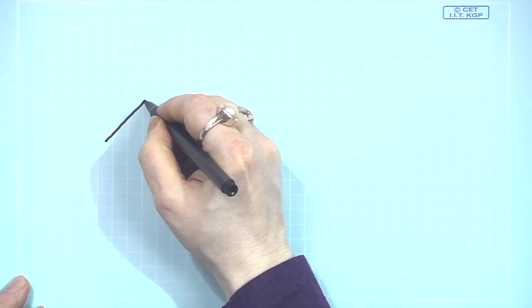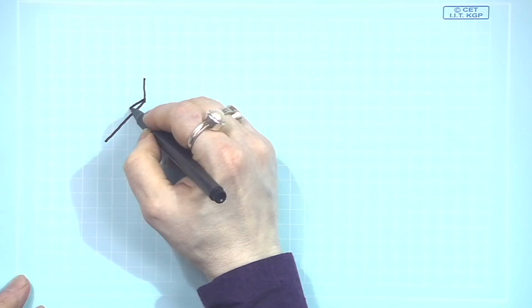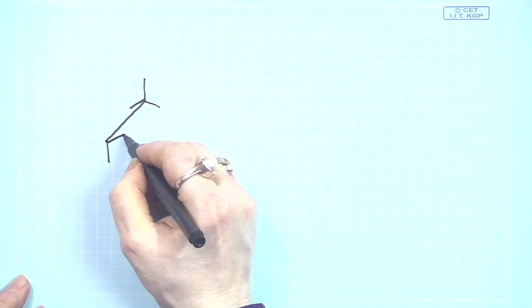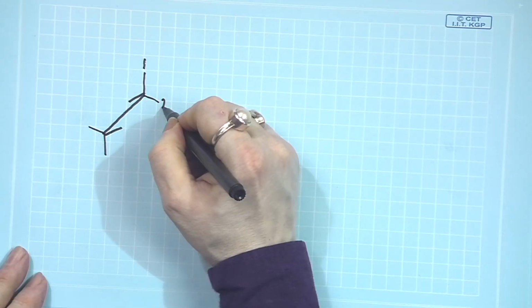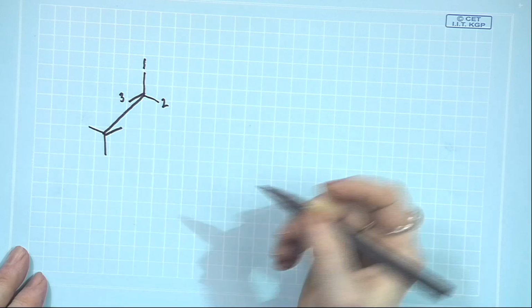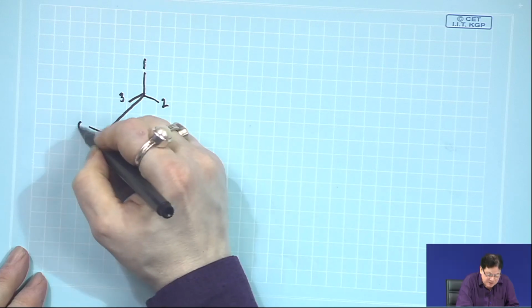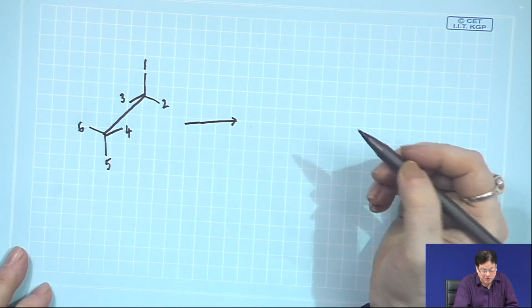Now, let me draw a molecule in the Sawhorse. So, this is the anti form of Sawhorse. Suppose this is number 1 group, this is number 2, this is number 3, this is number 4, 5 and 6. Now, you have to write the Newman projection formula.